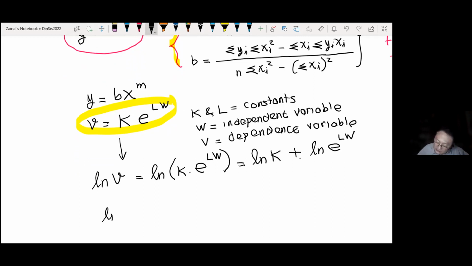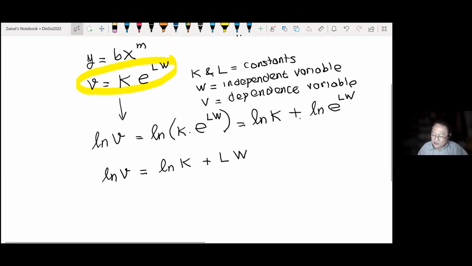So ln phi is the same as ln K plus L multiplied by omega, right? This equation is similar to y is equal to b plus mx.